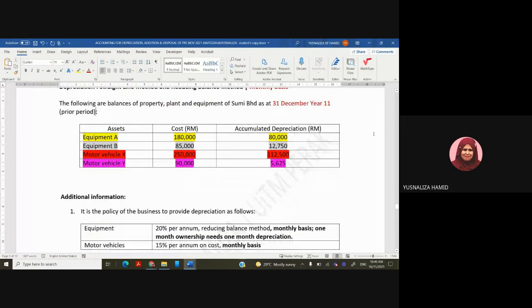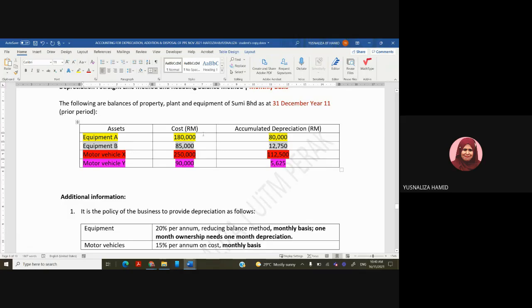So these are the assets that you have, equipment A and equipment B. There are two types of equipment with different models. The date of purchase is not given, but you are given the detail of what the cost was and what the cumulative depreciation was. Same goes for motor vehicle. There are two sets, X and Y, which are different.